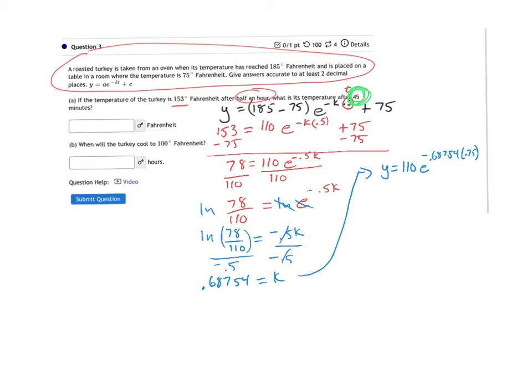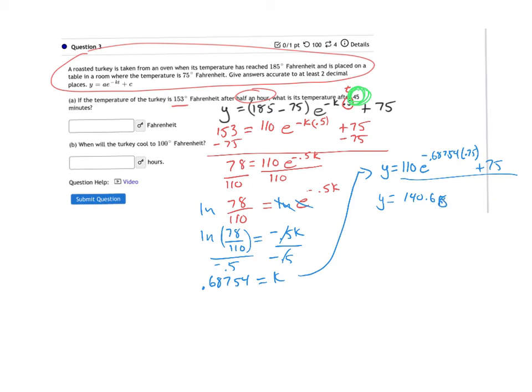I'm going to rewrite that a little bit, with plus 75 down here. That's not part of the exponent. At this point, it's just a calculator question. If you put that in your calculator correctly, you will end up with something like 140.68. And that's how you do this first one.